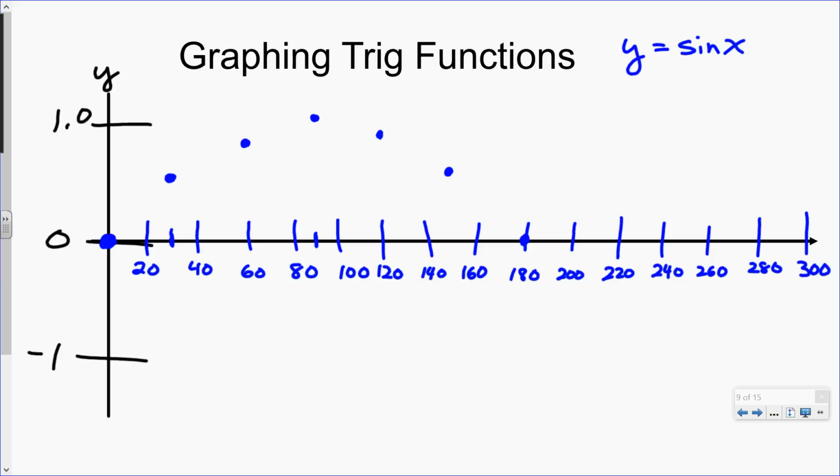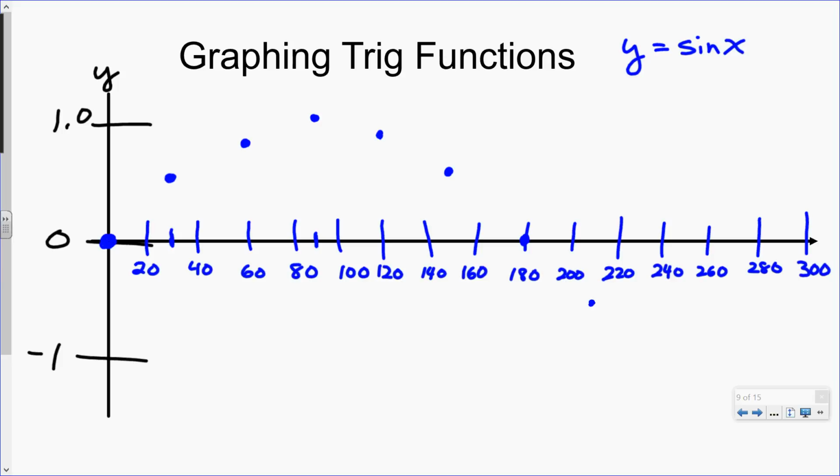Okay. After 180 is 210. What do you got, Perez? Okay, so look at 210 is right here, negative 0.5 now. So that's in between 0 and negative 1. So at 210, I'm at negative 0.5.